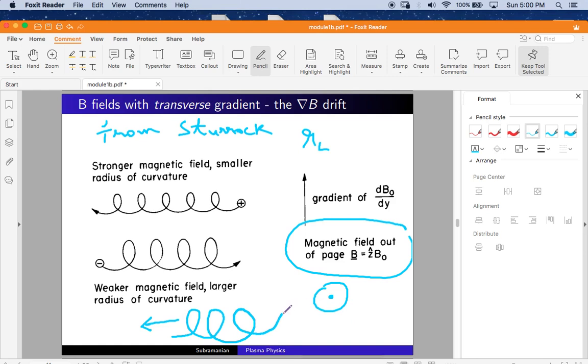That's the positive particle doing it. So importantly, the direction of the drift is perpendicular both to the gradient as well as the direction of the magnetic field.